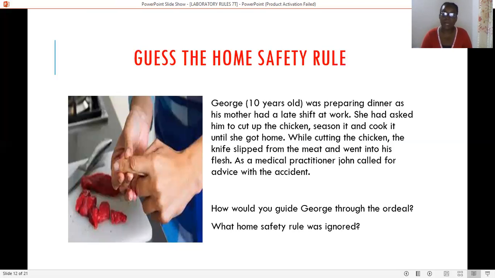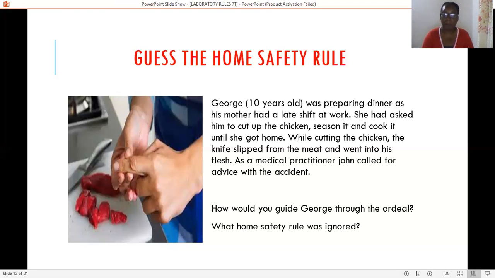Add some ointments and bandage it to prevent infection. However, if it's a more dangerous situation where it goes deeper into the flesh, as this might indicate, then immediate medical attention would be necessary. So maybe John would have to take George to the hospital to take care of this.